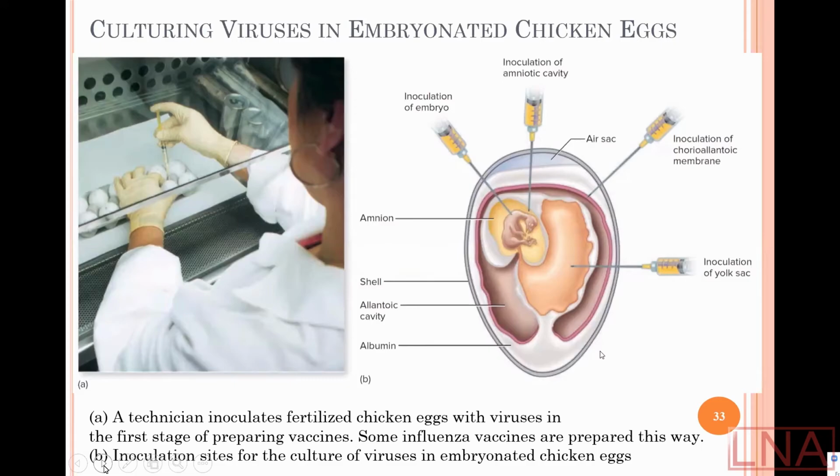For this reason, if you are an allergic person, it's better to ask about the vaccine, because egg proteins may be present in viral vaccine preparations. If you are allergic to egg components, ask about the vaccine before you get it.